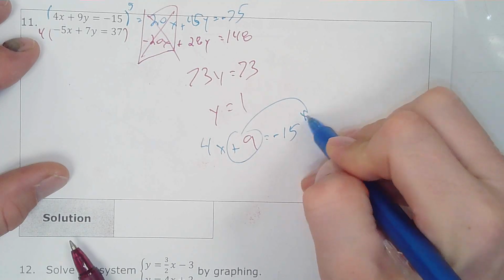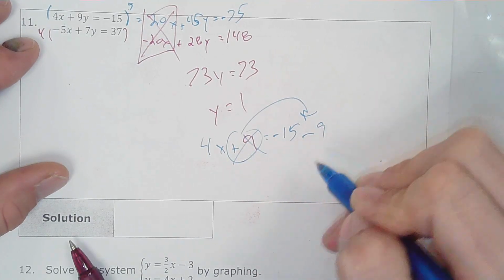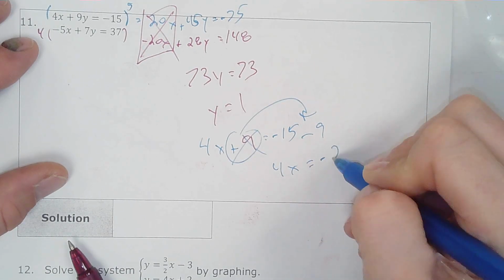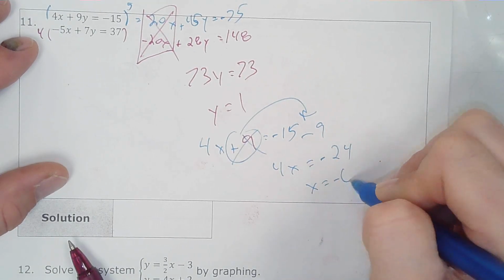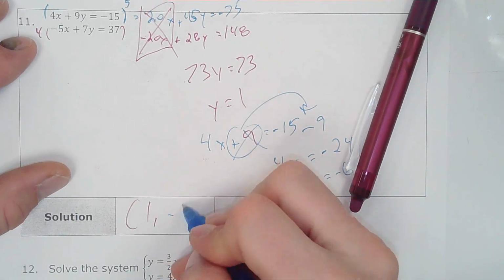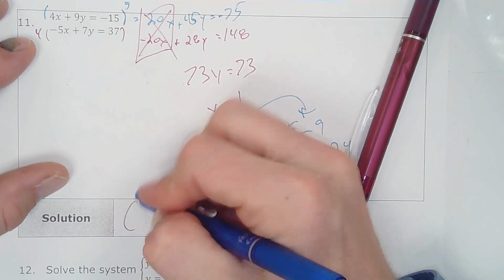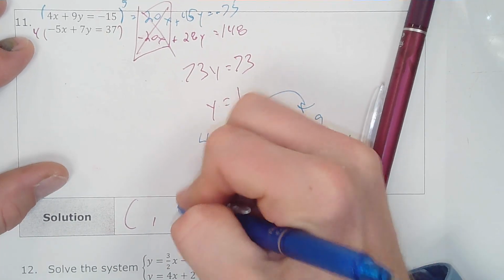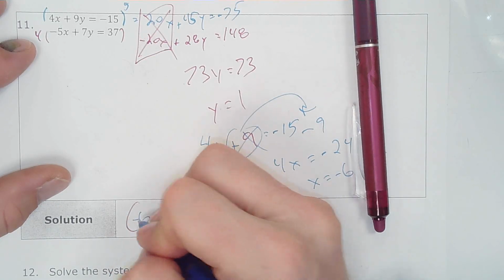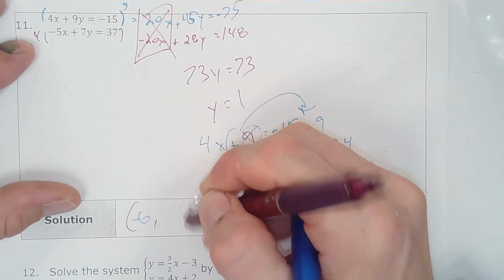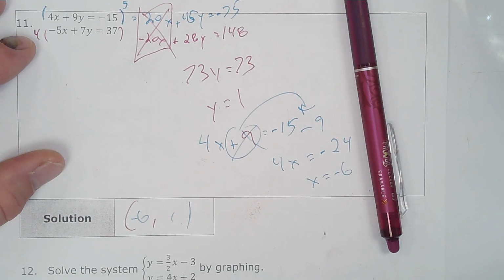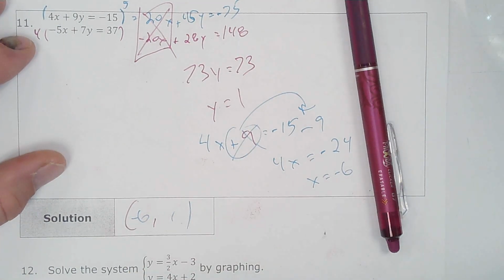Bring this over here, negative 9. So this is going to be 4x equals negative 24, x equals negative 6. So 1 comma negative 6, whoops, backwards. Negative 6 and 1. Okay, last one.